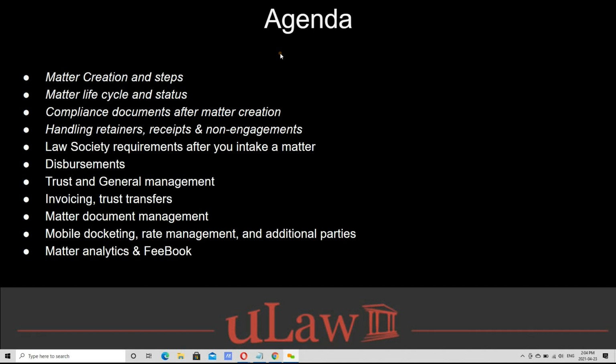Not taking away anything from that, but in terms of audit completeness and being prepared for your audit readiness, there are a lot of compliance needs that the law societies talk about when it comes to how best you manage your files and matters.